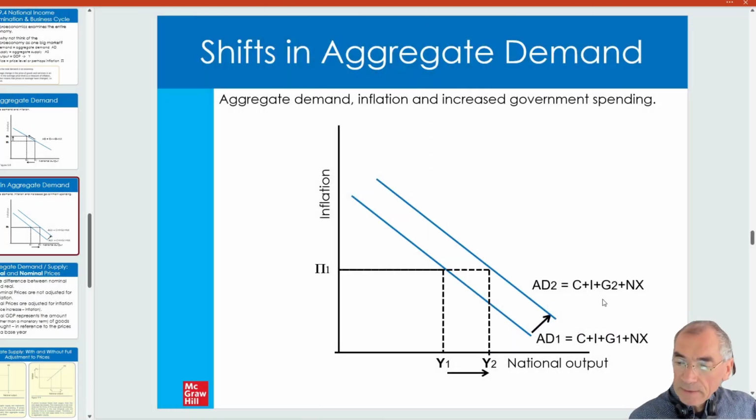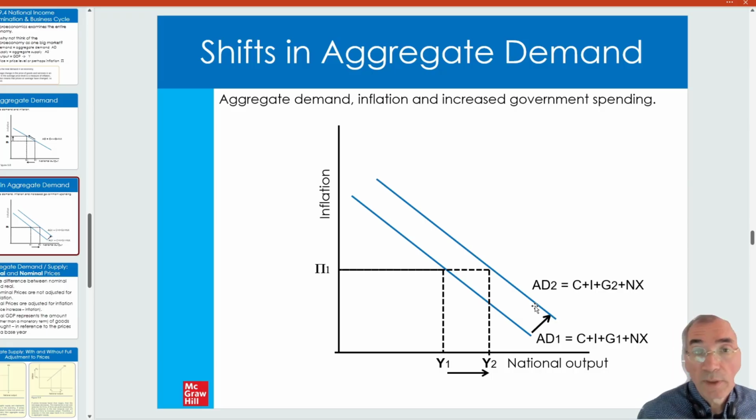The next figure in our book illustrates this by saying, okay, the old one was aggregate demand 1 with G1, government expenditure, and now if the government spends more, then it might be G2, and that is the right shift of a demand curve. So that's for the moment what we want to analyze about demand.